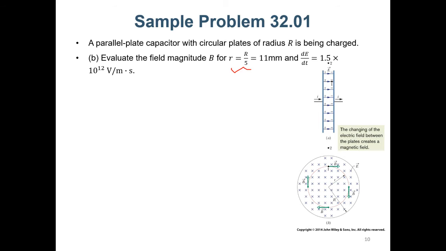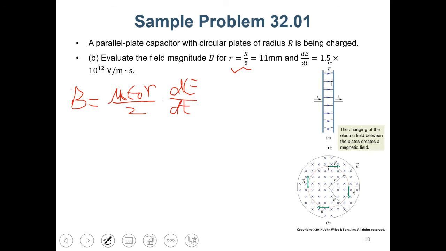So actually we only need to substitute all the numbers. So B equals mu naught epsilon naught r over 2 dE/dt.